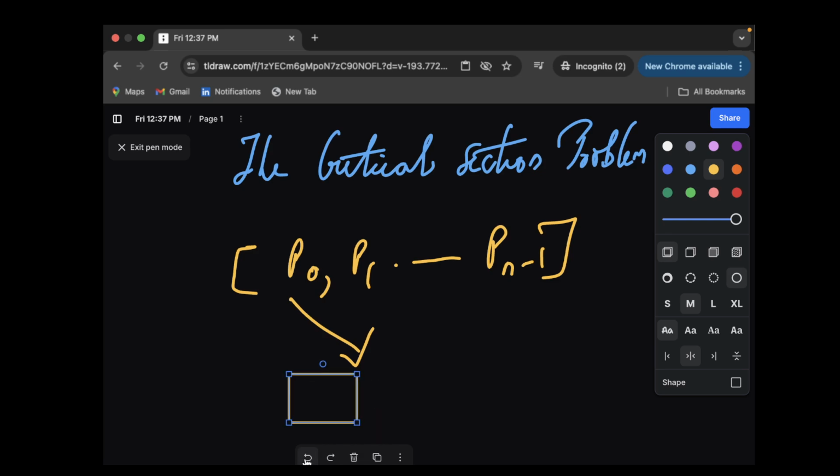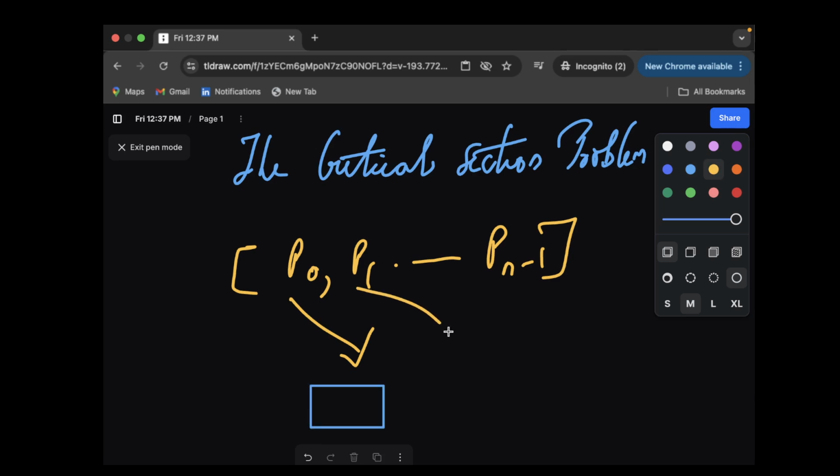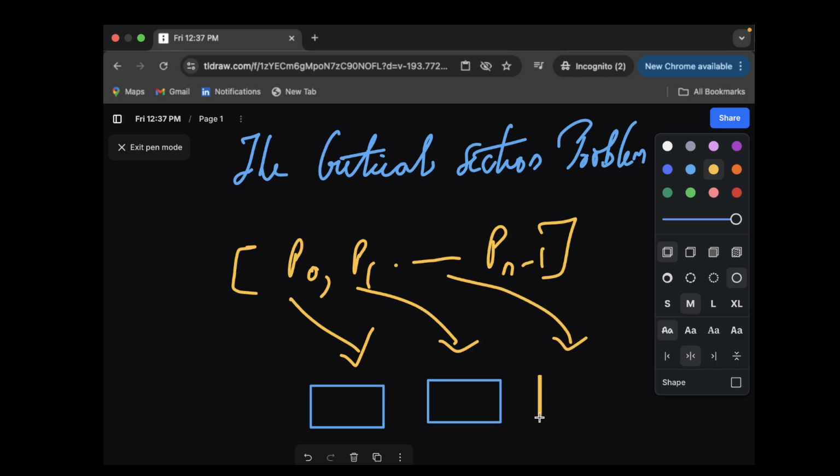So this has a critical section, even this one has a critical section, and even this process has a critical section.